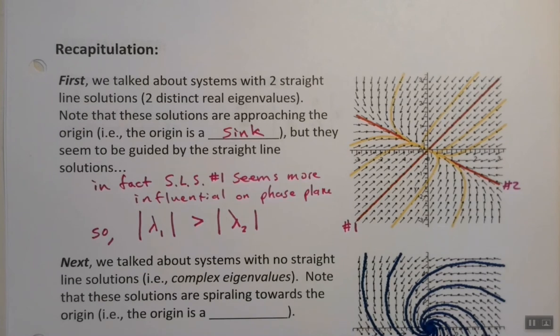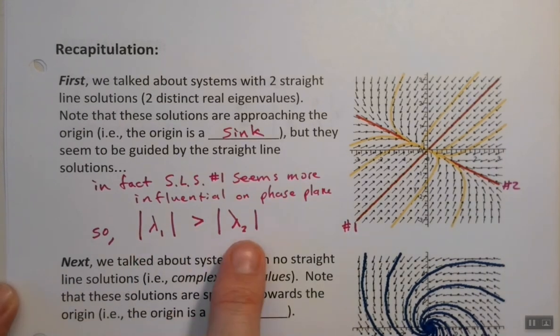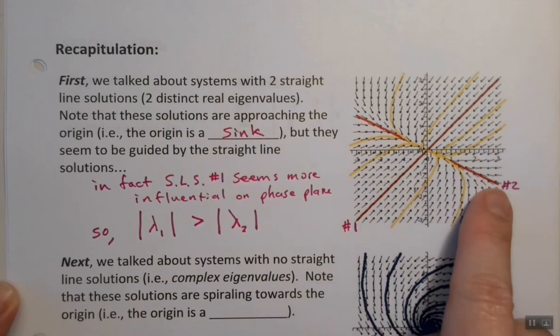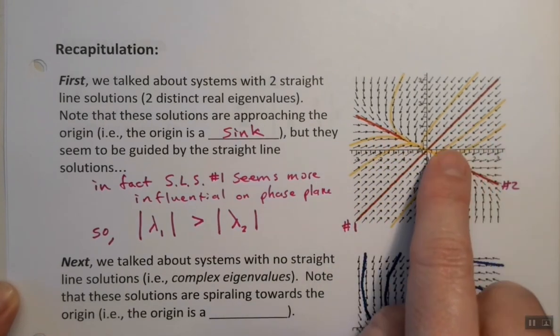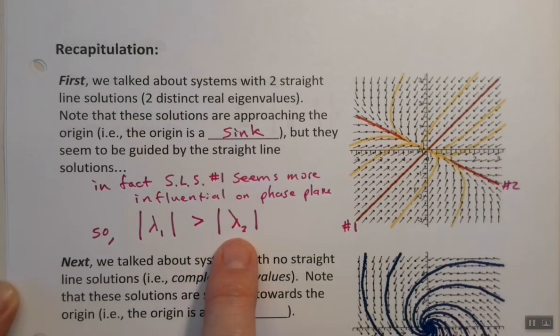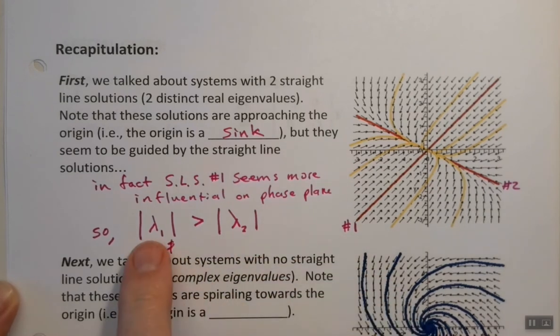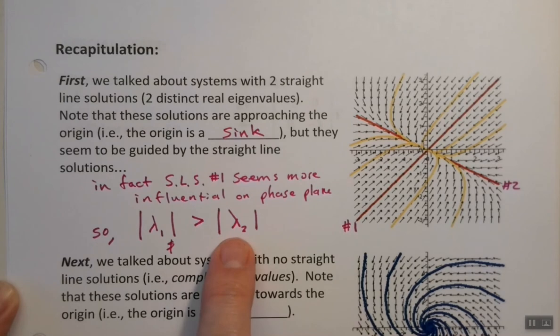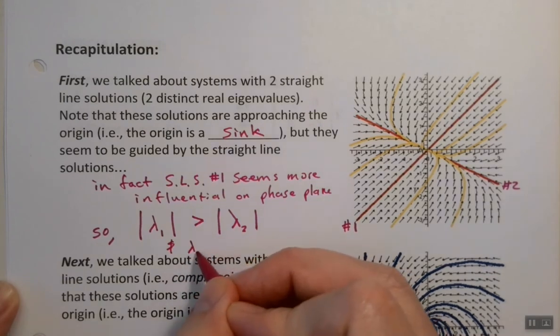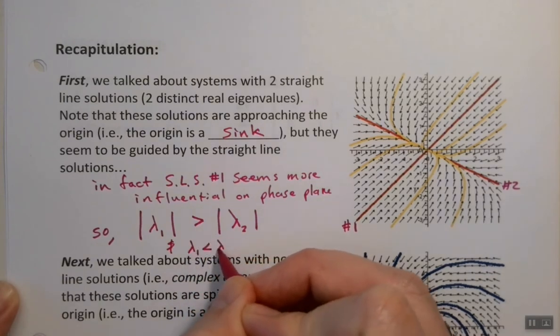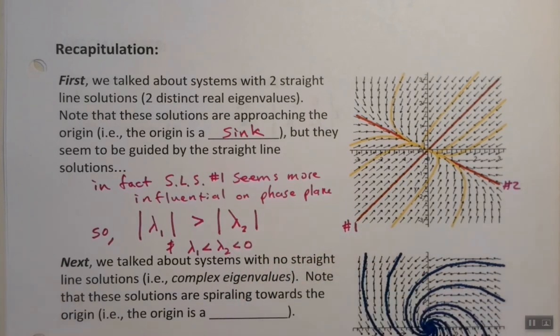Since everything's headed in towards the origin, we know that both of these have to be negative. So not only is the magnitude of lambda 1 bigger than the magnitude of lambda 2, but lambda 1 must be more negative than lambda 2. Both of them have to be less than 0, but lambda 1 is much less than 0.